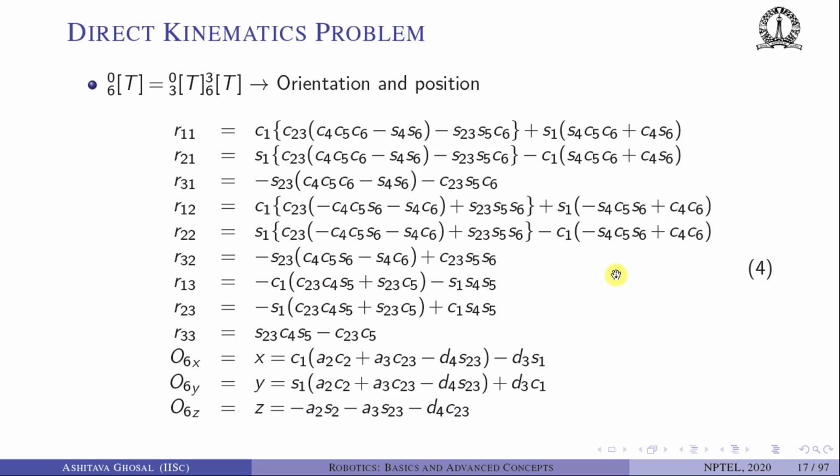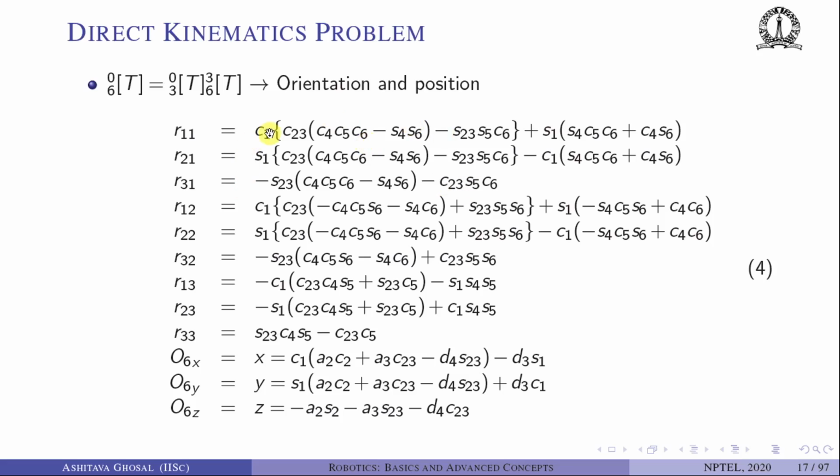We had again derived the transformation matrix 06T, which is nothing but the product of 2 transformation matrices 03T and 36T that I showed last week. And if you expand all these things and say that the rotation matrix is R11, R21, R31 all the way to R33, you can see that it's a function of theta 1, theta 2, theta 3, theta 4, theta 5 and theta 6.